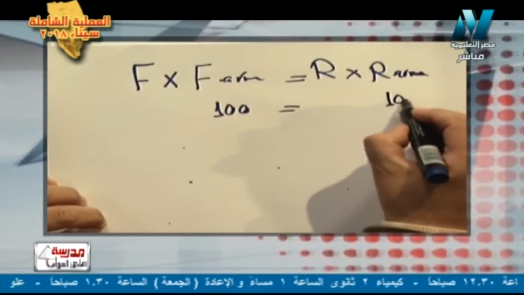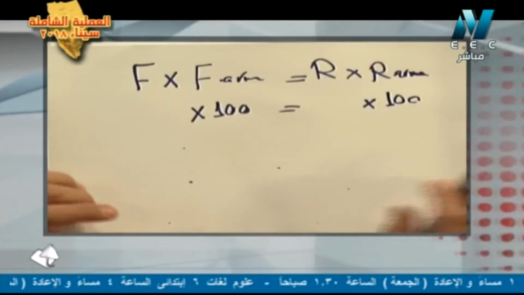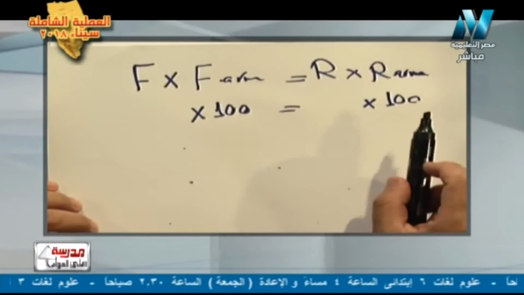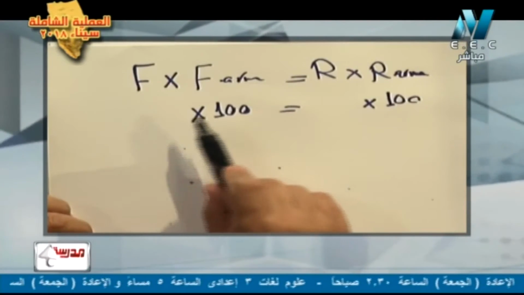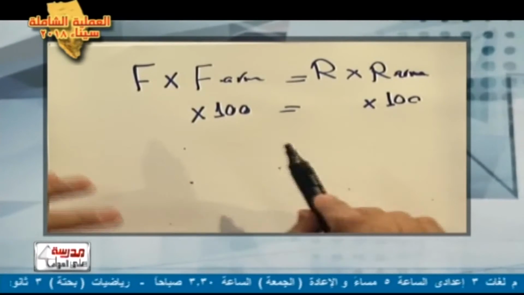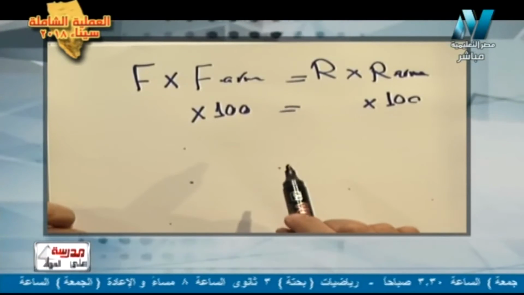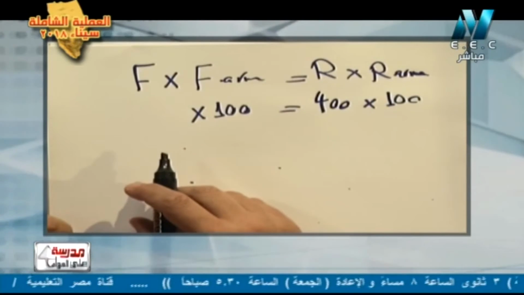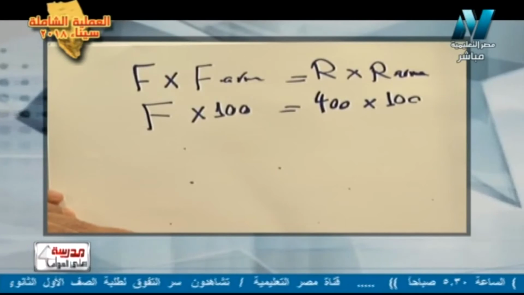Of course, not every problem gives the values in order, so we should get used to problems that may give me jumbled values. Here it gave me the effort force arm and then the resistance arm right away. And if the value of the resistance equals 400 Newton, so the resistance here is 400 Newton. Find the effort force, and mention the type of this lever.